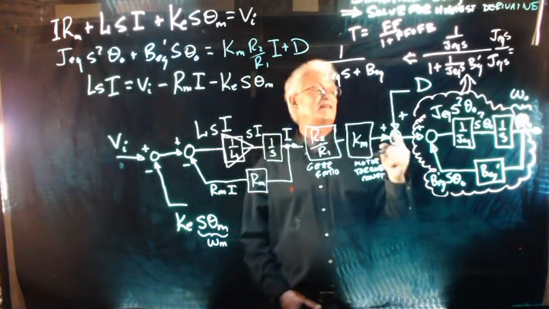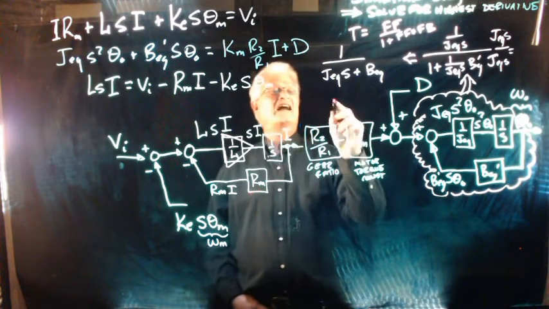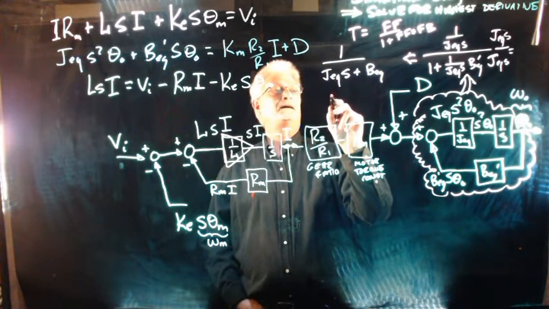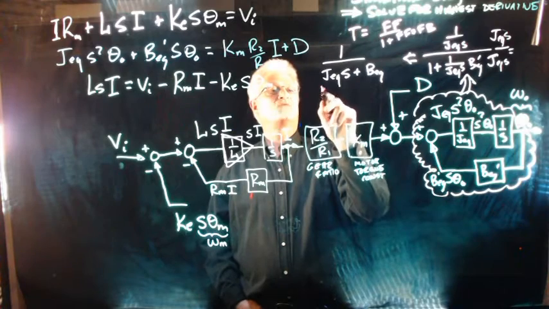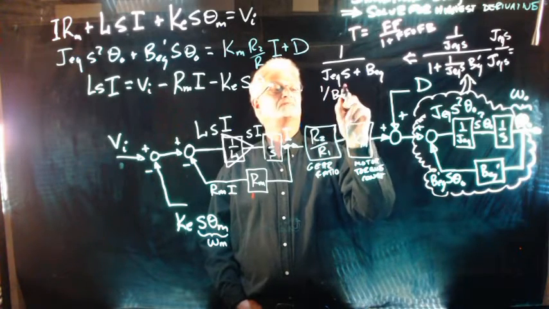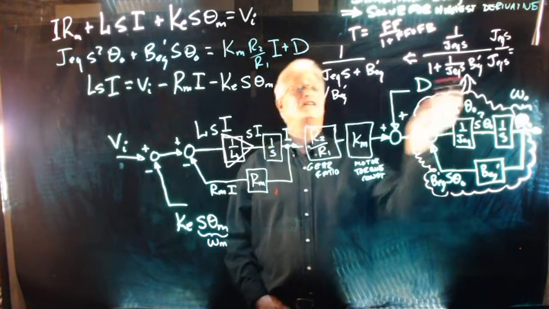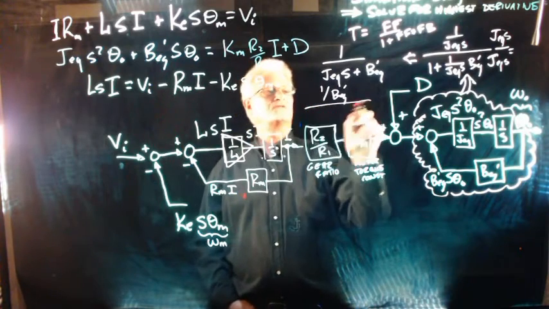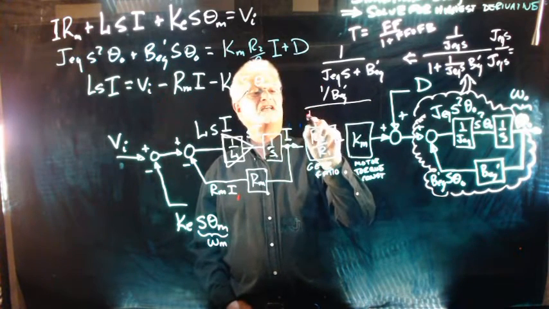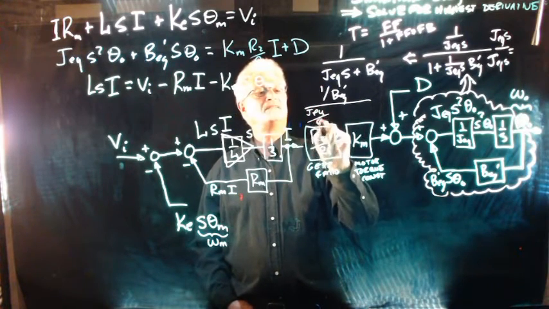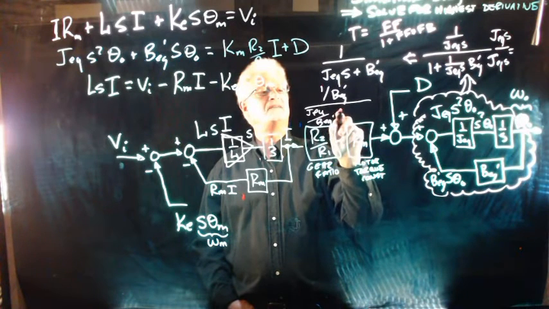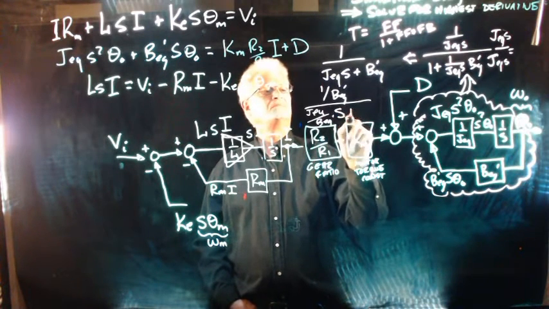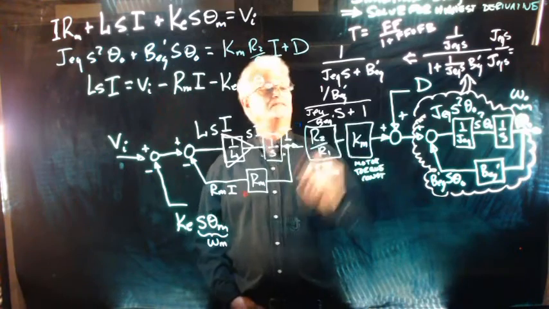There's a bunch of different ways that I can write this thing. I can do it this way: 1 over B equivalent prime. All these B equivalents have primes on them, by the way. You'll see why later. This is J equivalent over B equivalent prime s plus 1.